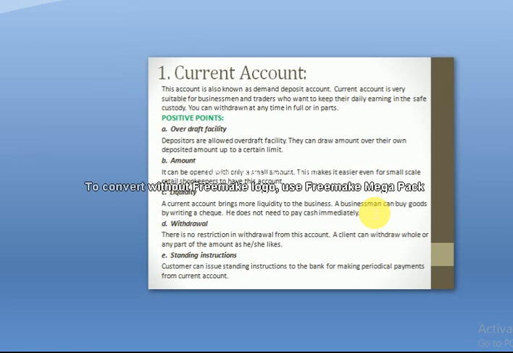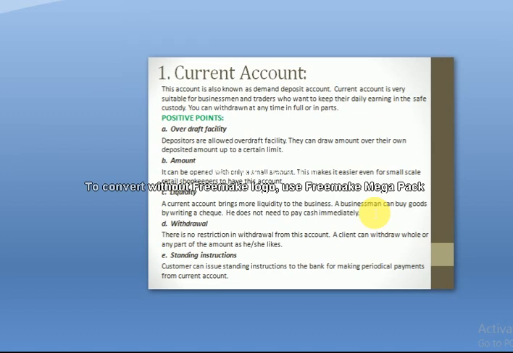Now, these current accounts are also called demand deposit accounts. Why are these called demand deposits? Demand deposit in the sense that there is no restriction in case of deposits as well as drawings.